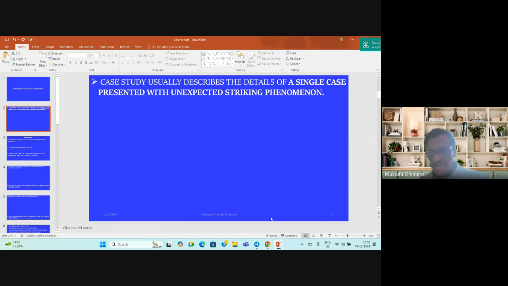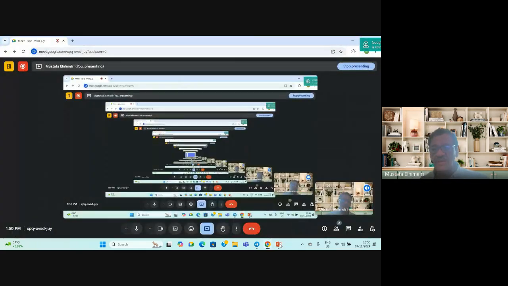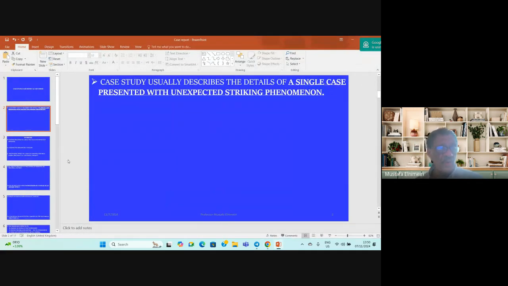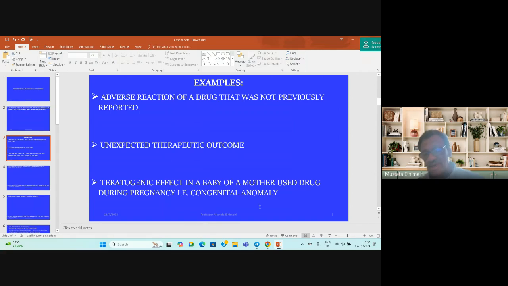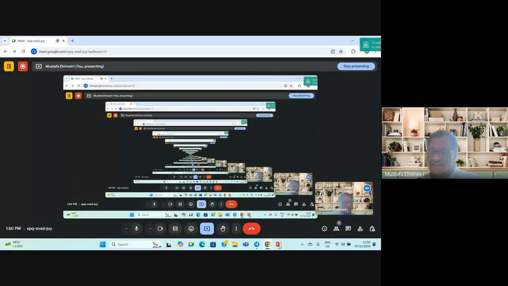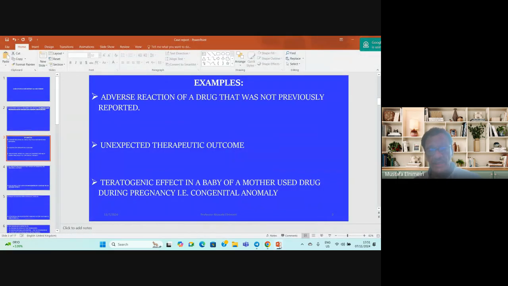single case that is presented with unexpected, striking manifestations or phenomena or clinical picture that has not been reported before. And so, for example, we can talk about an adverse reaction of a certain drug that has not been reported before, or rarely reported, and this could be an important aspect to discuss in a case report or in a case study.